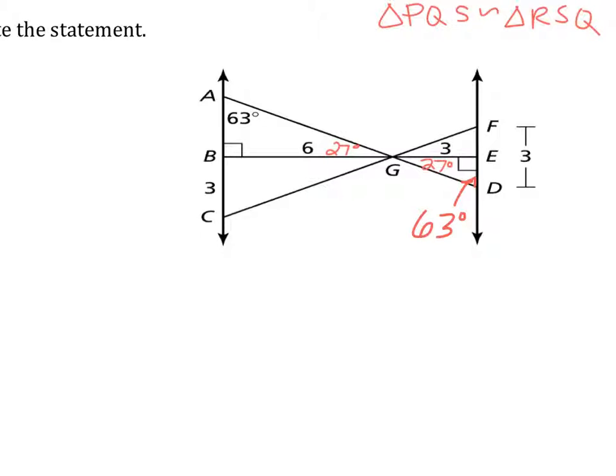Okay, now we need to go back and ask ourselves the question we had before. Are these two larger triangles similar? In order to be similar, you have to have two congruent angles.